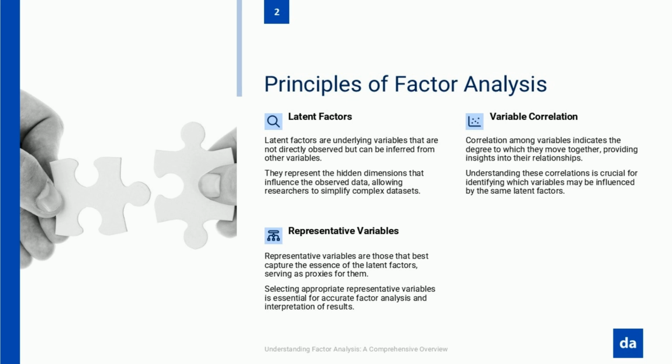Here's how it works. Latent factors exist. There are invisible forces influencing our data. We can't see them directly, but we can infer their presence by observing how different variables move together. Correlation is key. If two dancers, variables, always move in sync, chances are they're being led by the same hidden choreographer, factor.